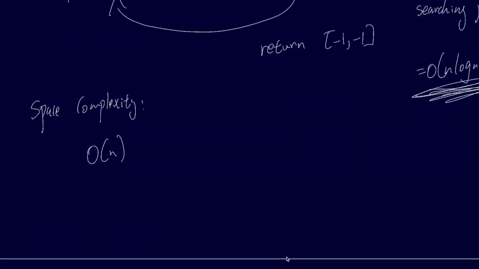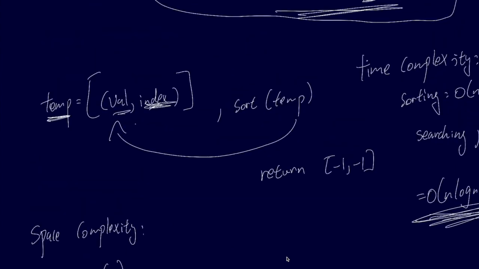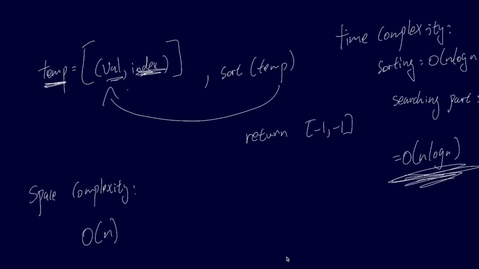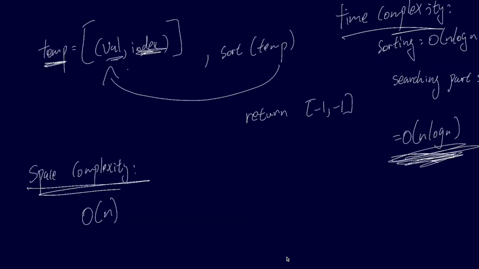So we're sacrificing more space for less time. So time complexity is n log n, and space complexity is O of n.